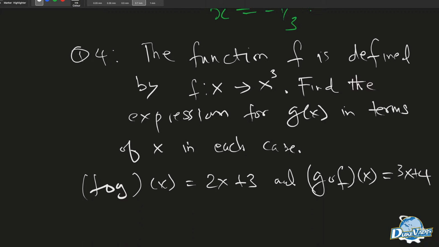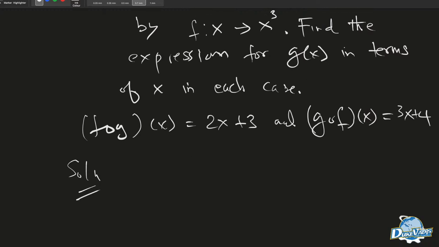Alright, so this can be a very interesting question to deal with. So we have an f of x that maps to x cubed. We find an expression for g of x in terms of x in each case. So if that is the case, let's see. Solution 1.